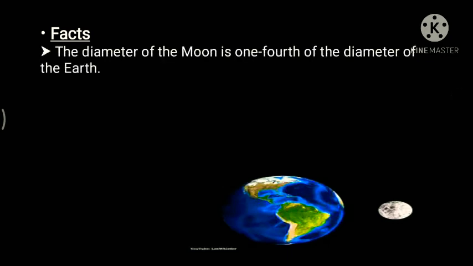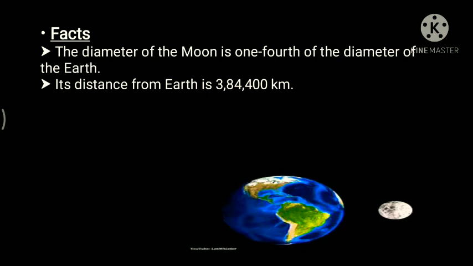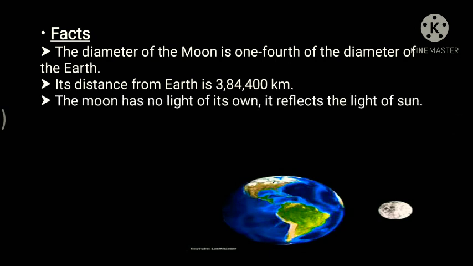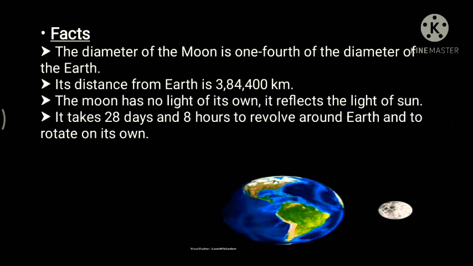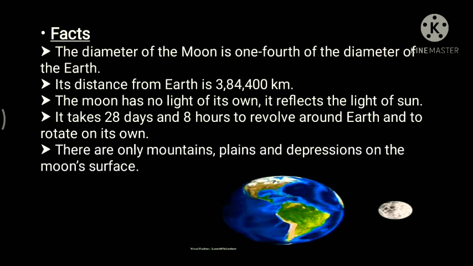Now if we see some facts and figures of the moon, our Earth has only one satellite, that is the moon. The diameter of the moon is about 1/4 of the diameter of the Earth, and its distance from Earth is around 384,400 kilometers. It's closer to Earth than the sun if we compare it.